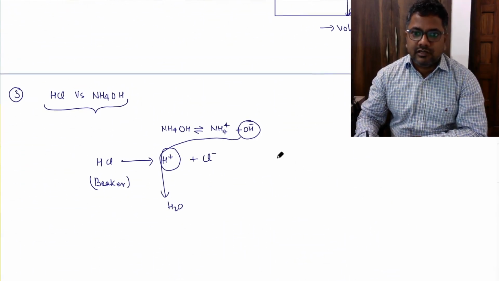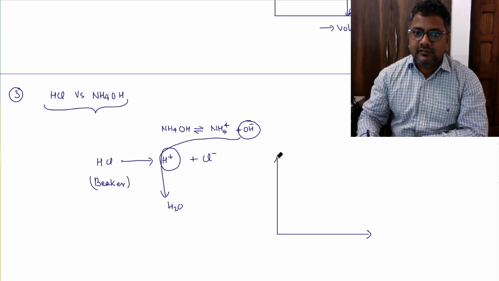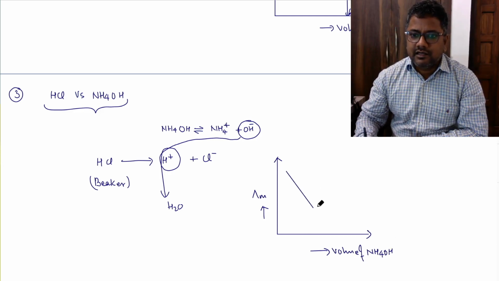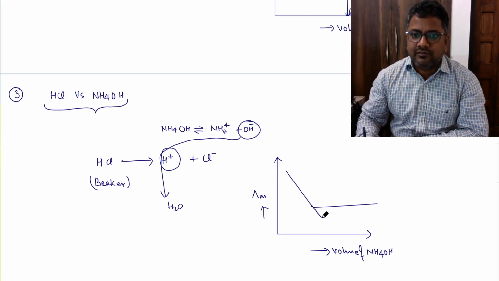So if you plot molar conductance on this axis and volume of NH4OH, there is a decrease, and after that a little bit of increase, and you can say a constant type of graph we will get.